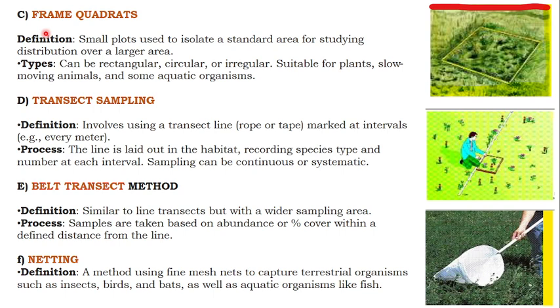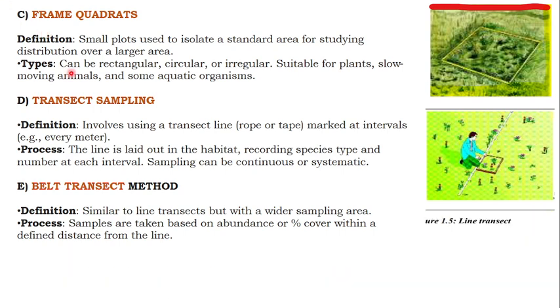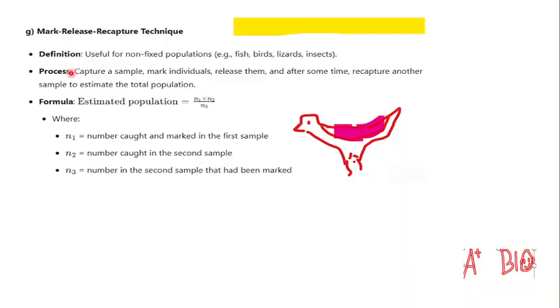We are dealing with sampling techniques. Among those sampling techniques, another is called the mark, release, recapture technique. It means you will come to the ecosystem, you will mark some organisms, and now you will release them.